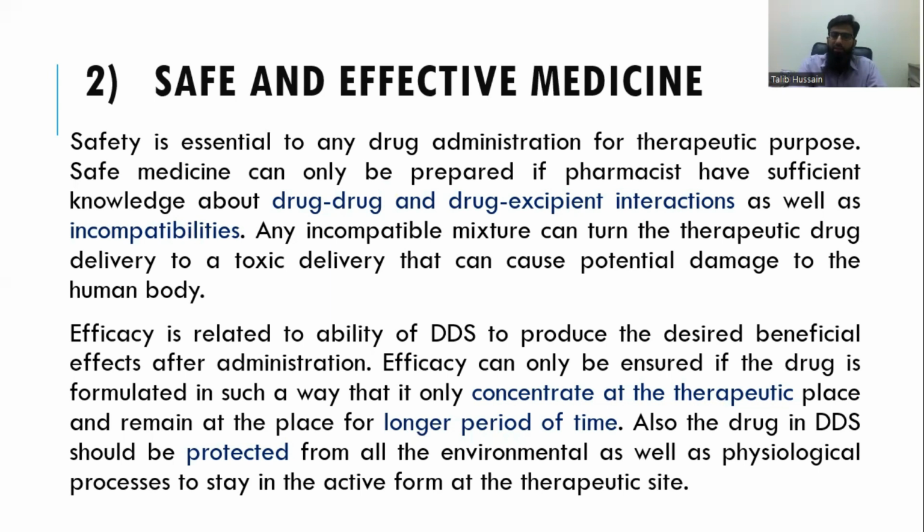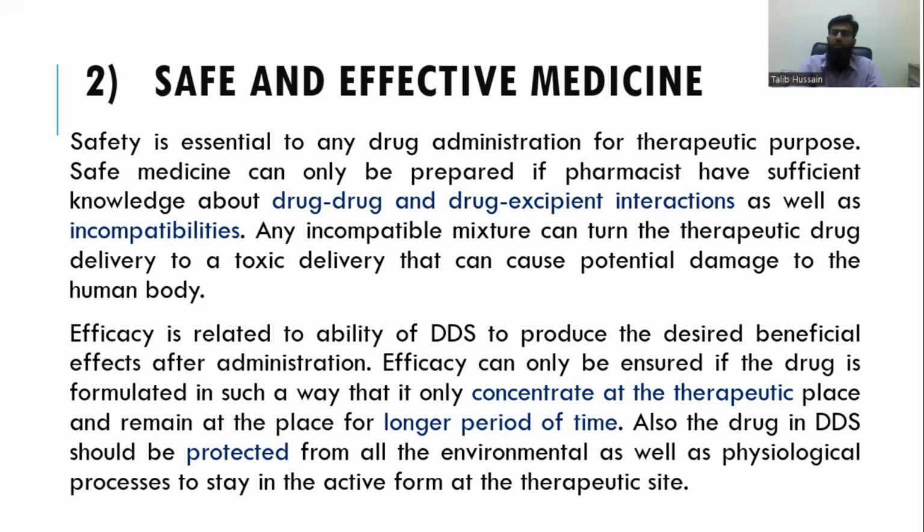If a medicine is free from any drug to drug and drug to excipient interaction, then it will be called a safe drug. Any incompatibility can be harmful or can produce toxic responses when it is administered even at therapeutic doses. So it can cause maximum damage.